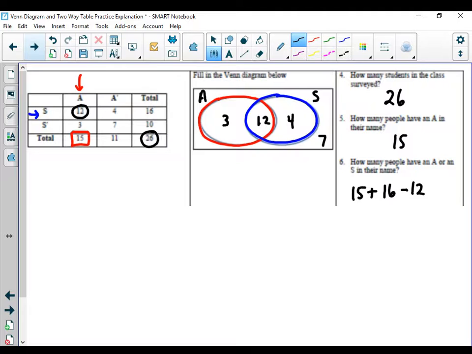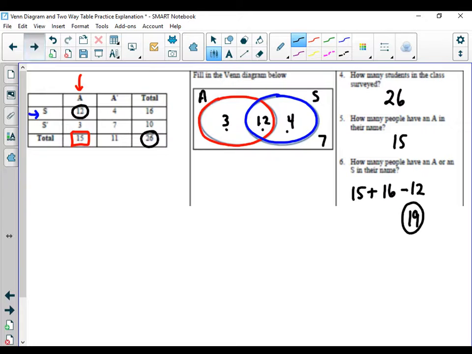So if I do that, I've got 31 minus 12, or I have 19. And remember, another way of checking that is adding up all the numbers, the 3, 12, 4, and that also gives us 19. So those are a couple examples going either Venn diagram to two-way table or two-way table to Venn diagram.